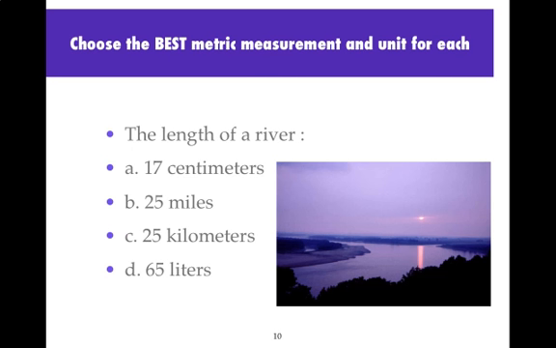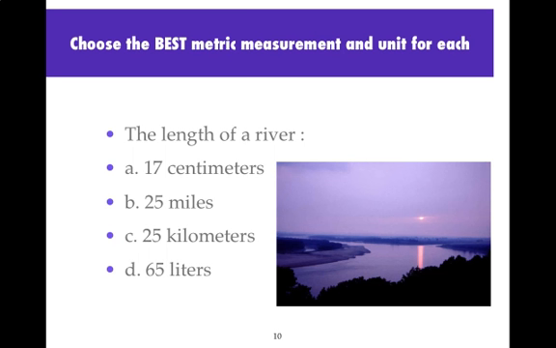Okay, so we're going to run through some practice questions, seeing if you can use the best metric measurement for each unit. Okay, so let's look at the question here. The length of a river. So would you measure the length of a river as 17 centimeters, 25 miles, 25 kilometers, or 65 liters?